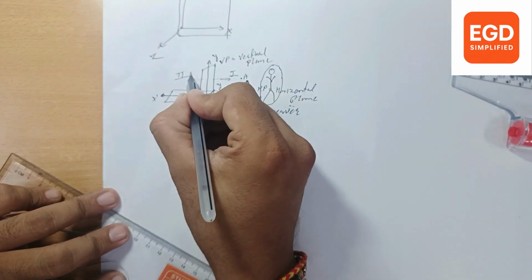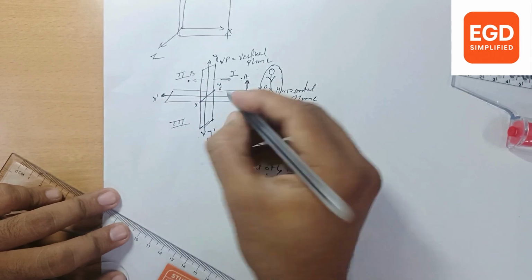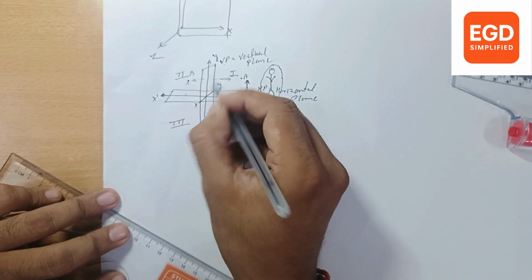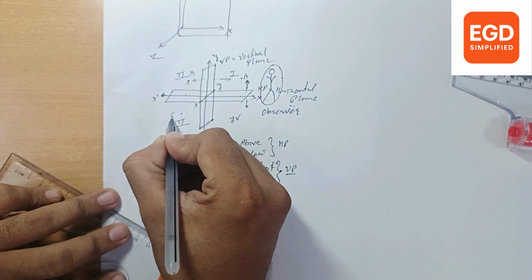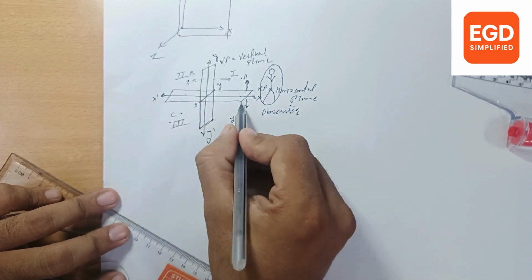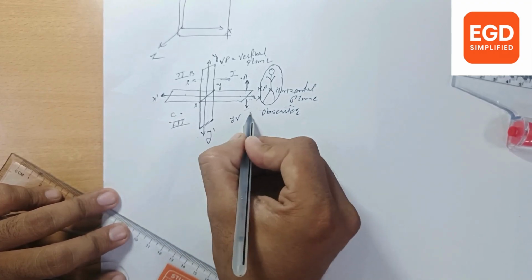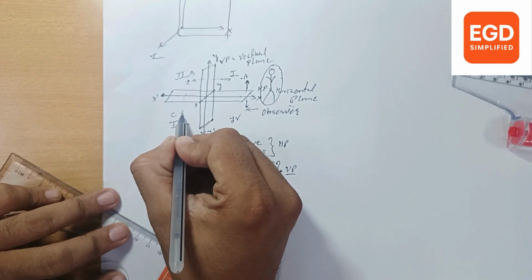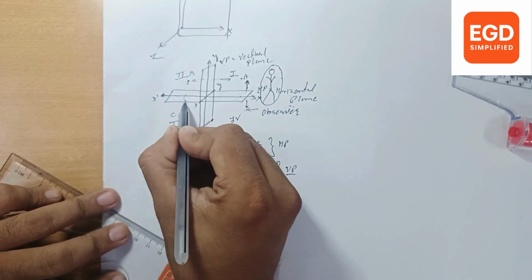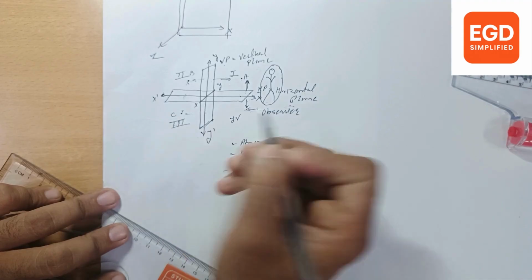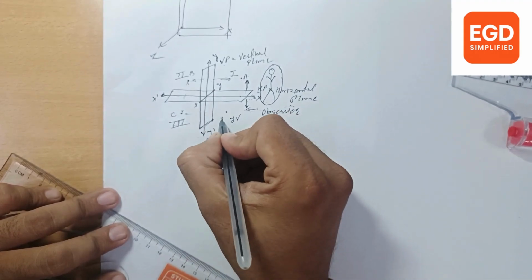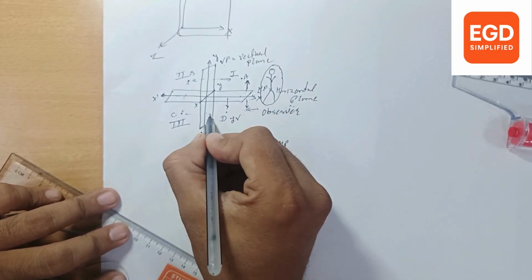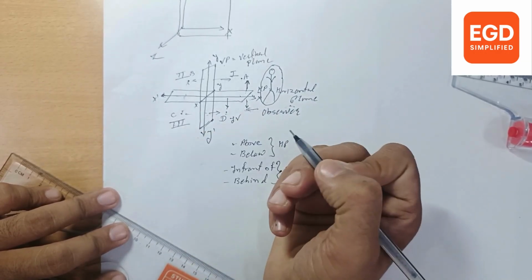Suppose point B is here in the second quadrant, so we will say point B is above HP and behind VP. Suppose your point C is here in the third quadrant, looking from this side, we will say point C is below HP and behind VP. Suppose our point D is here, so we can say below HP and in front of VP.